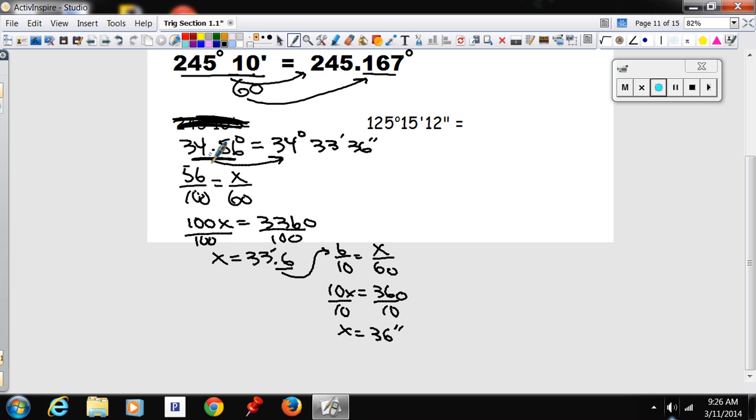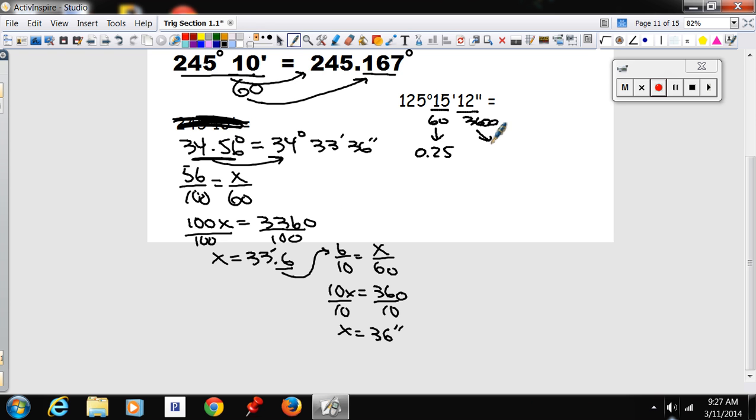What about this one? This one's easier. To go from minutes and seconds to decimal is much easier. I'm just going to divide this by 60 because there's 60 minutes in every degree. And I'm going to divide this one by 3600 because there's 3600 seconds in every degree. This right here is going to give me 0.25.